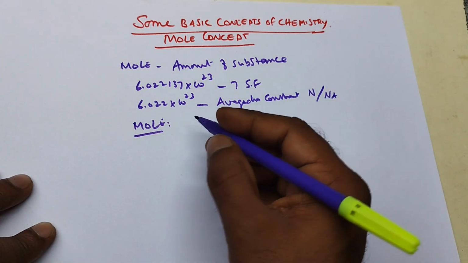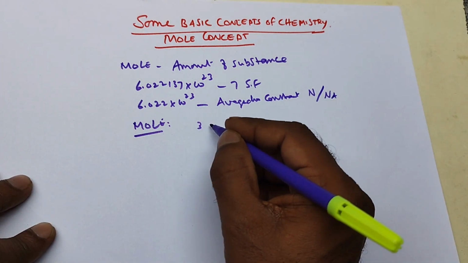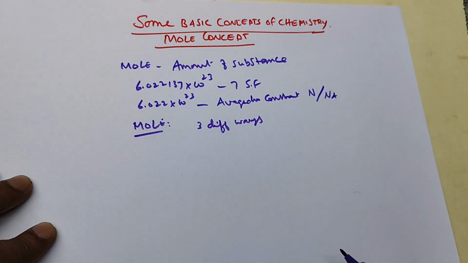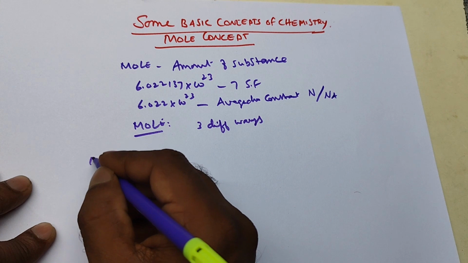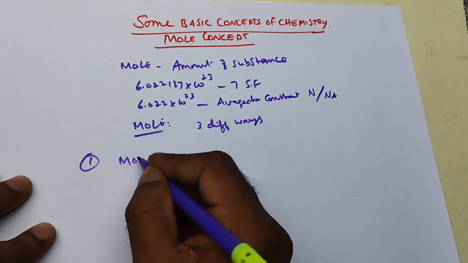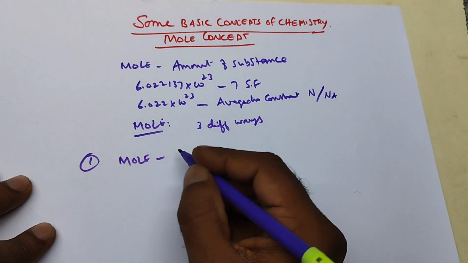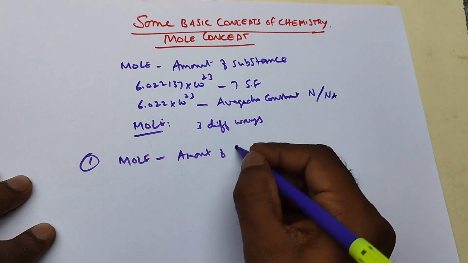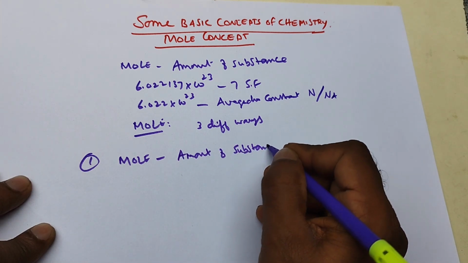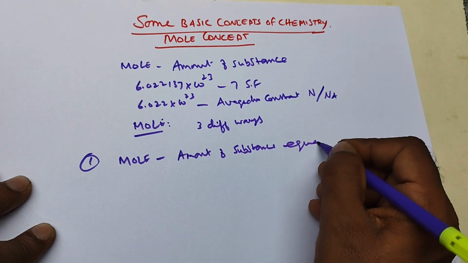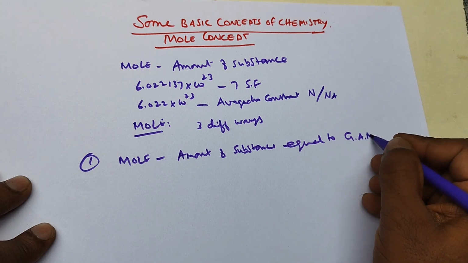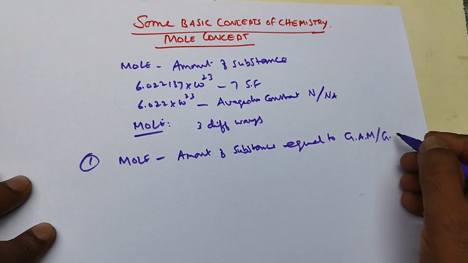We can define it in three different ways. What are those different ways? First one, it is an amount of substance equal to gram atomic mass or gram molecular mass.